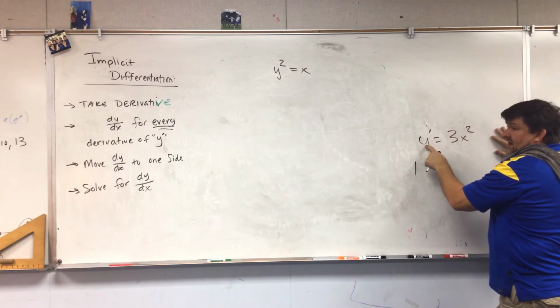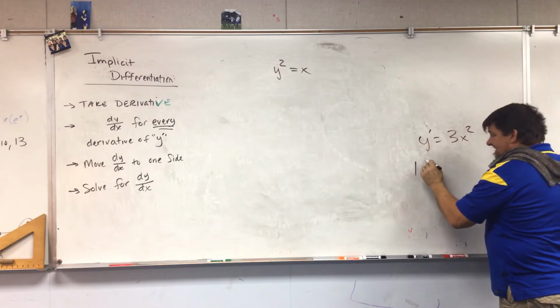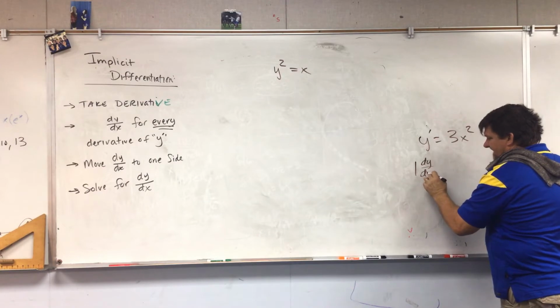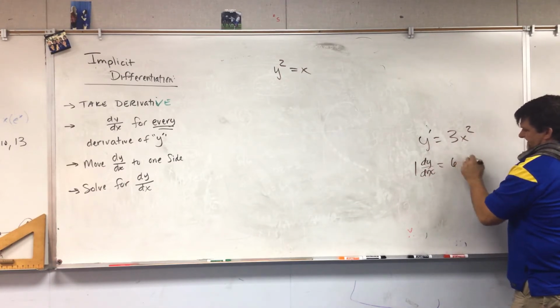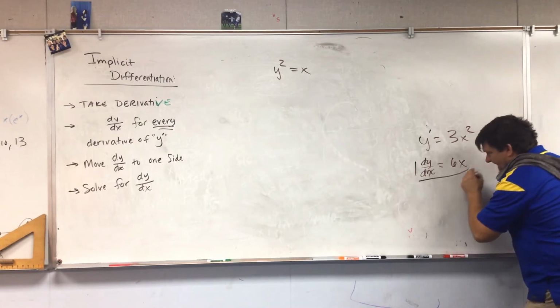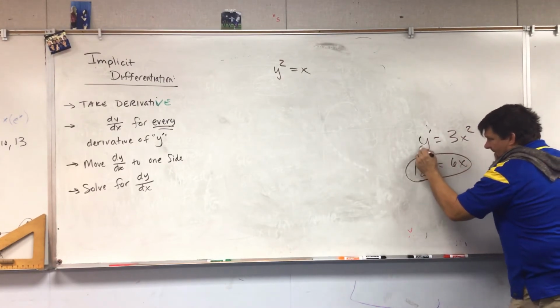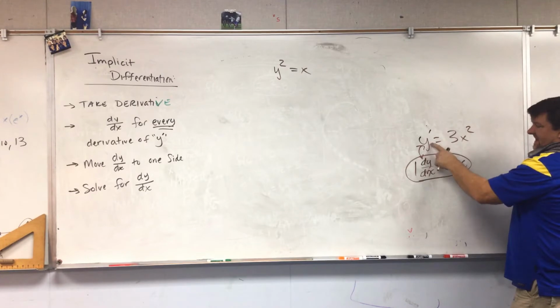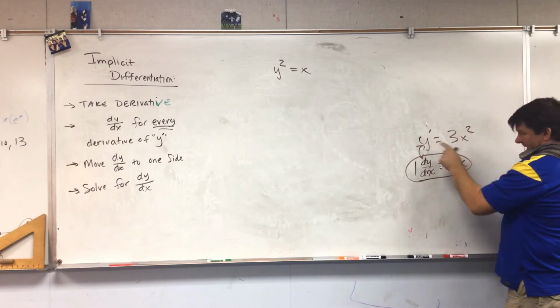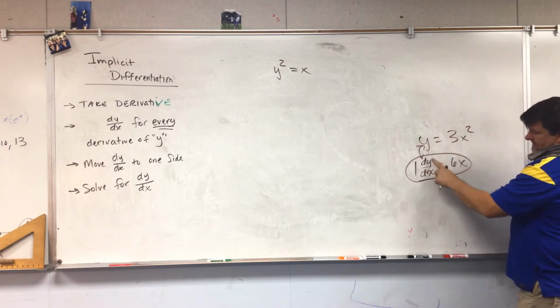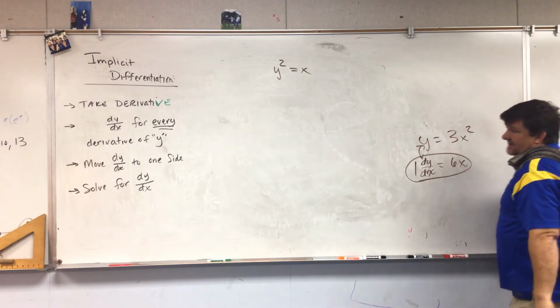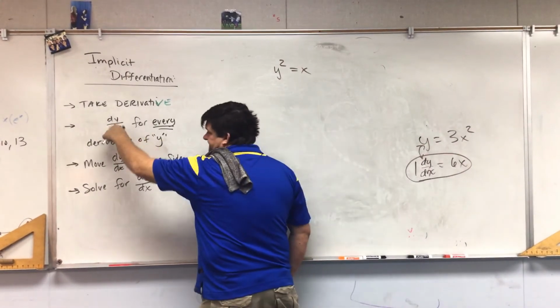The derivative of y is dy dx, and then that becomes 6x. This is y right here. We get dy dx, because every time I take the derivative of y, I find dy dx.